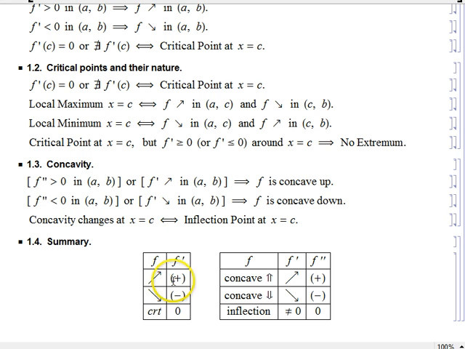Derivative is positive, original function goes up. Derivative is negative, then original function comes down. Derivative is 0, that's where we have critical points, various situations: local maximum, local minimum, or neither. Positive derivative, increasing. Negative derivative, decreasing. Zero derivative, critical points. This table here.